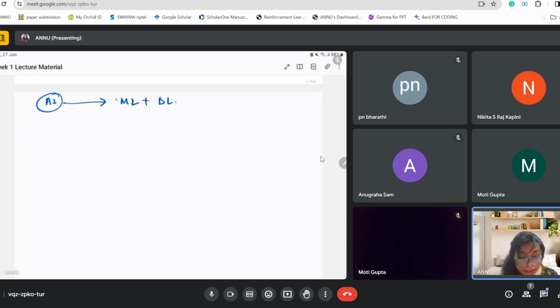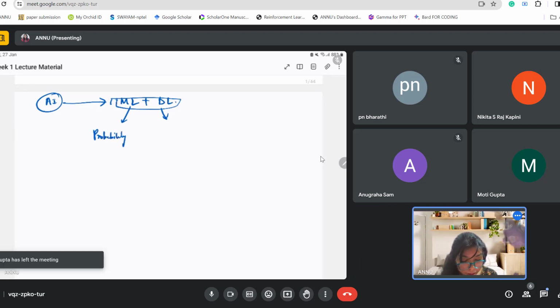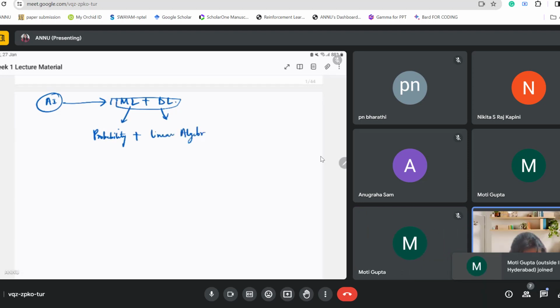If you go into the depth, these concepts are made of probability plus linear algebra plus a little part of coding. People often get confused, thinking that for learning AI we just have to learn coding. No, it's actually mathematics.